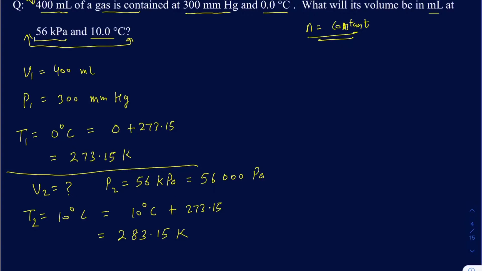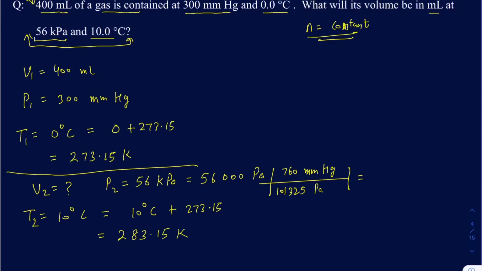So if I want to go ahead and convert these pascals into mm of mercury, remember the conversion factor is 760 mm of mercury is equal to 101325 pascals. So that's the conversion factor you must know.